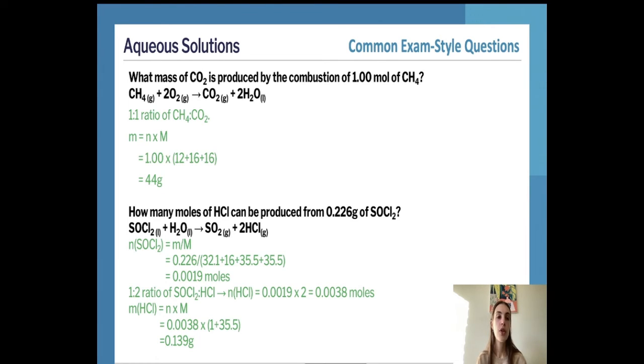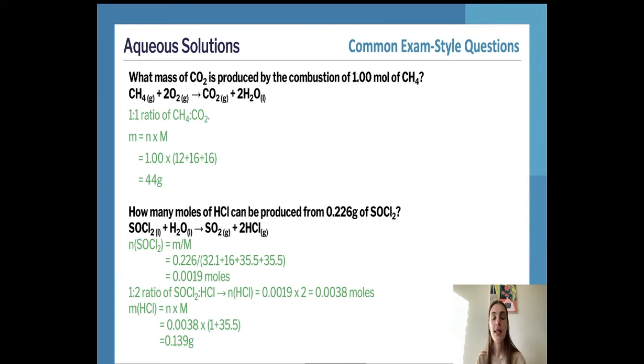And so it's really important to note that we do have ratios in these, so we need to see, are the ratios something that we need to apply in this? So we're looking at CH4 to CO2, and we can see that those have a 1-to-1 ratio. So we don't need to worry about any multiplications with these, because they are a 1-to-1 ratio.